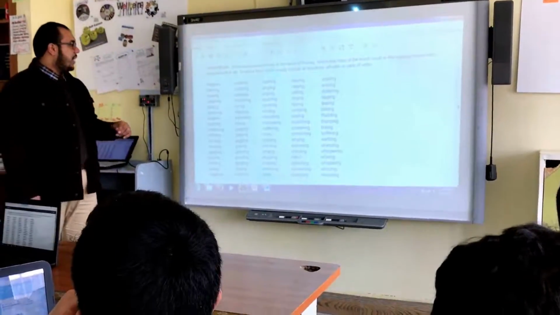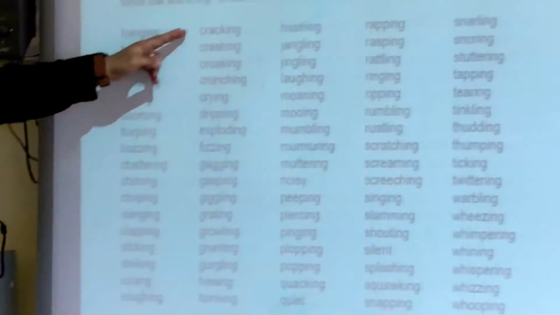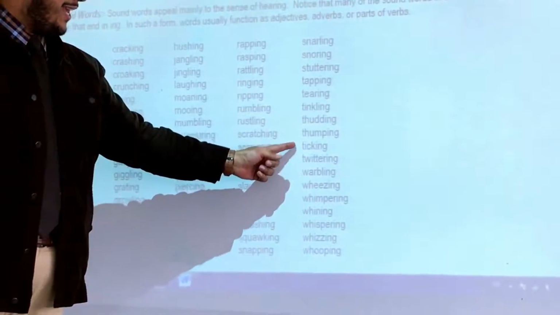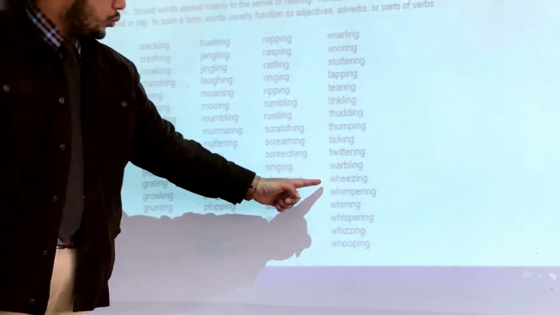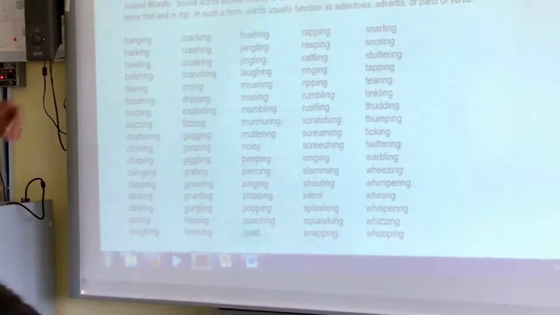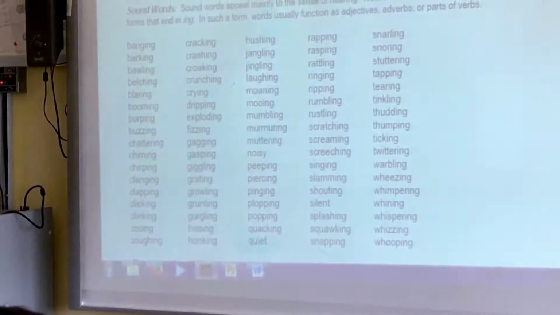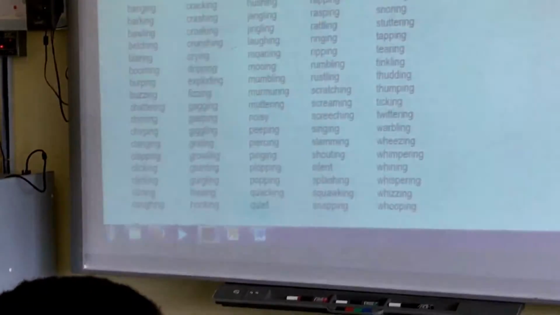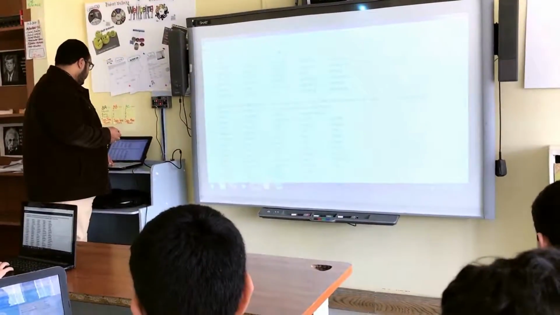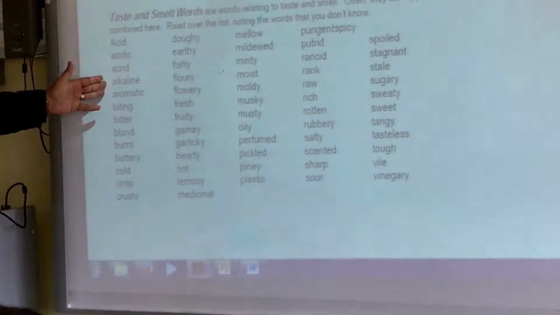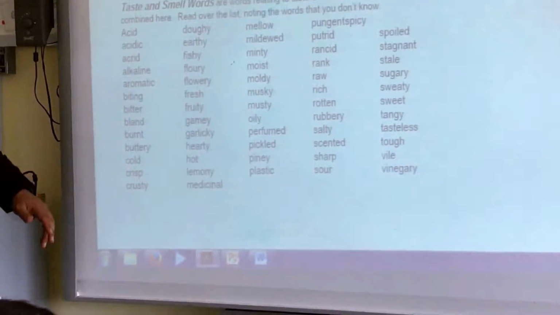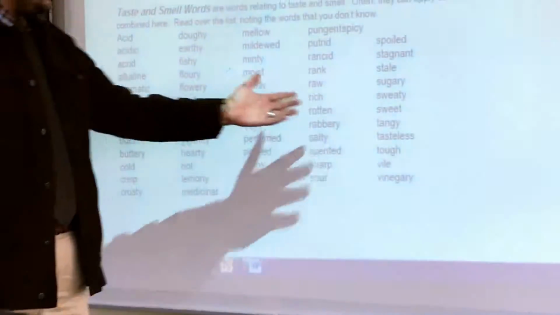Some adjectives like cracking, crashing, croaking, tinkling, ticking, twittering, wheezing. All these adjectives address the sense of hearing. We have more about taste and smell, like acidic, alkaline, aromatic, vinegary, sour, tasteless.